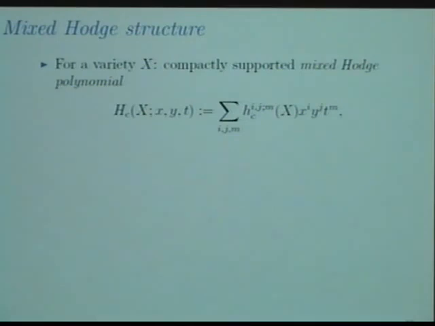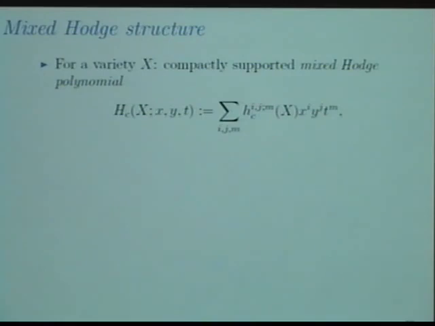So the cohomology groups of this variety, the H^m cohomology group of compact support, has a mixed Hodge structure on it, which amounts at the end of the day to a triple-indexed series of numbers, h^{i,j;m}. And we put these three-index numbers together in a sort of placeholder.